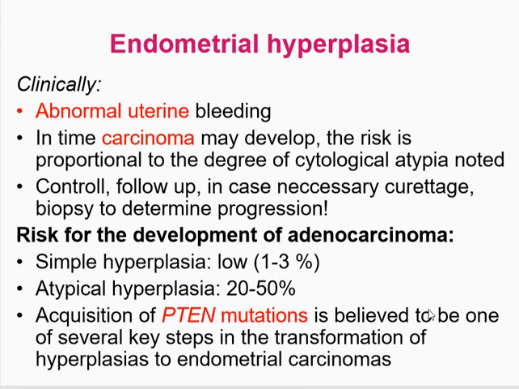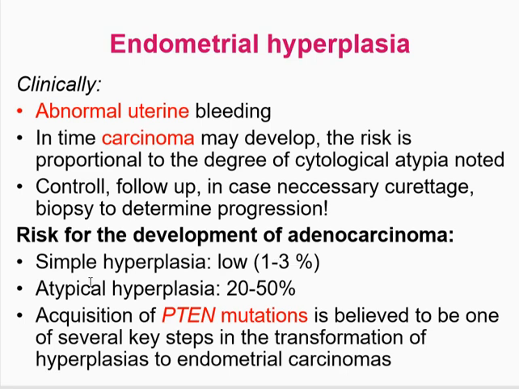Endometrial hyperplasias of different types are associated with the development of endometrial carcinoma. Simple hyperplasia has a very low risk of adenocarcinoma associated, 1 to 3%, and this is mostly related to the excess of estrogens, which produce both the hyperplasia but also a risk factor, as you will see, for endometrioid carcinoma of the uterus.